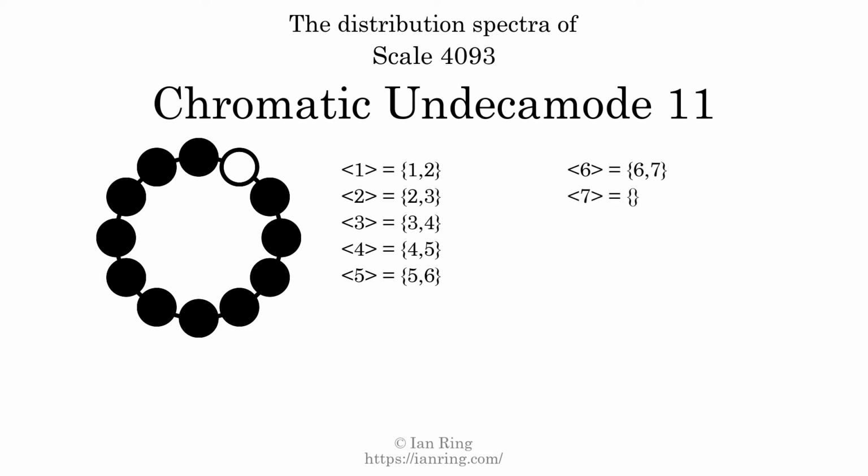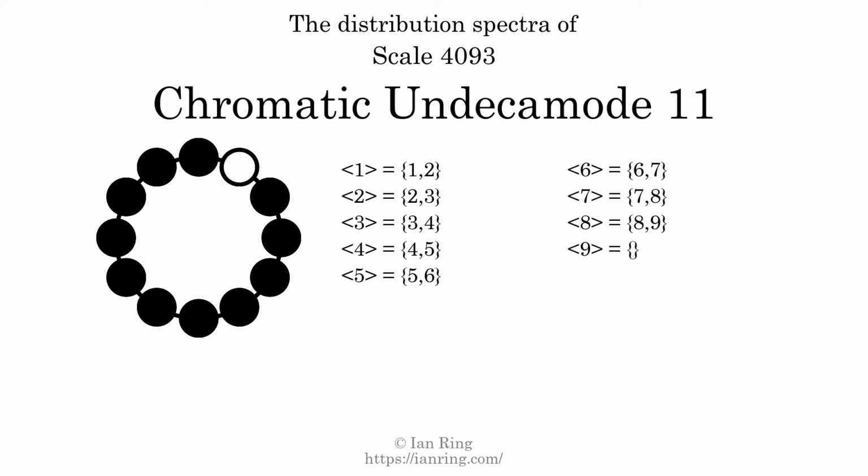The generic interval of 7 scale steps comes in two different specific interval sizes. 7 semitones and 8 semitones. The spectrum width of this generic interval is 1. The generic interval of 8 scale steps comes in two different specific interval sizes. 8 semitones and 9 semitones. The spectrum width of this generic interval is 1.